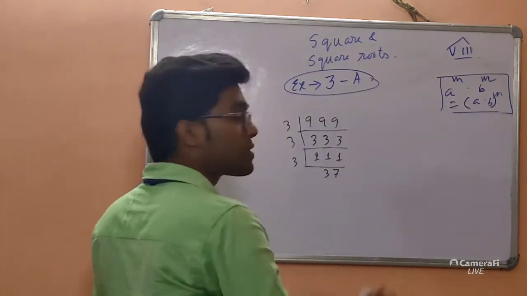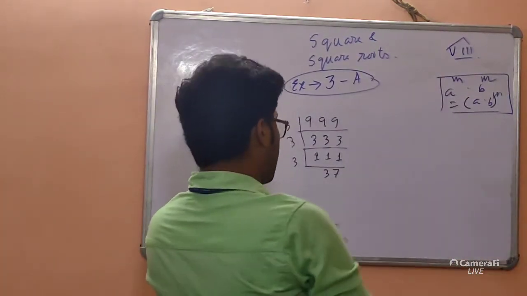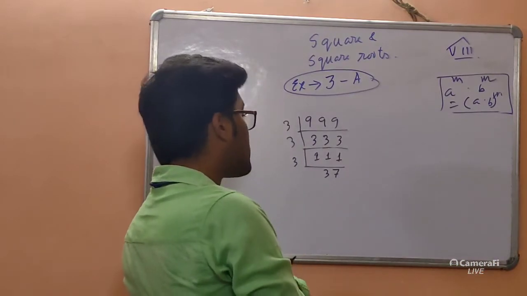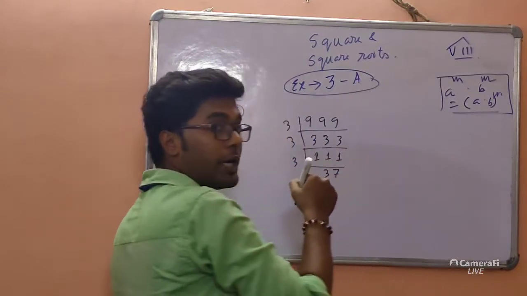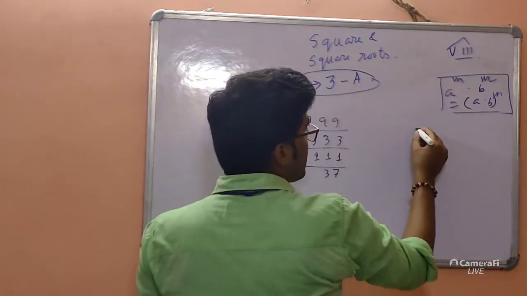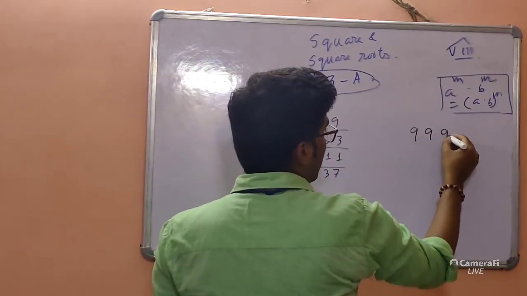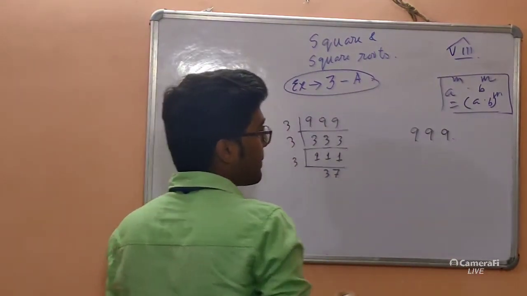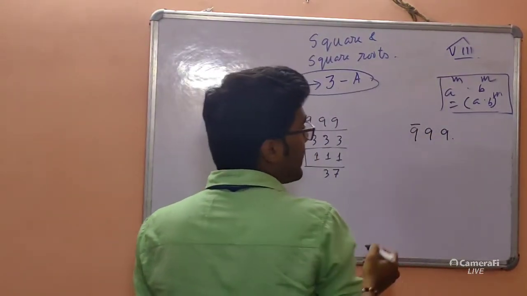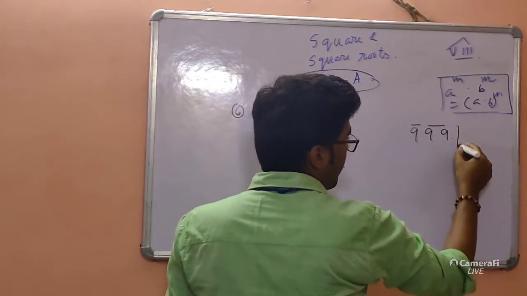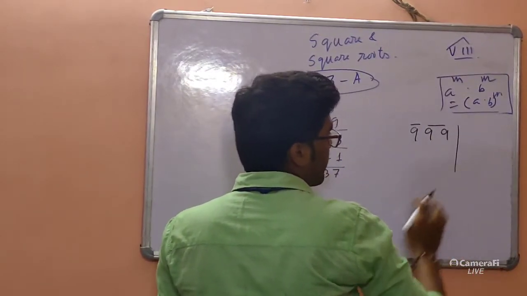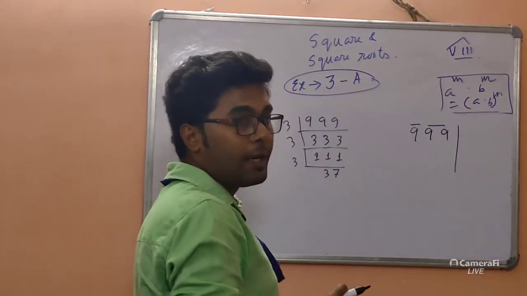We will make use of the division method which we are going to learn in our next chapter. So here we have to introduce this. How? See, 999, right? So we have to divide it into 2 portions. I am showing you beforehand.